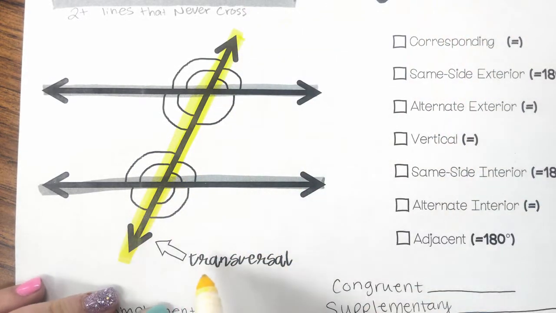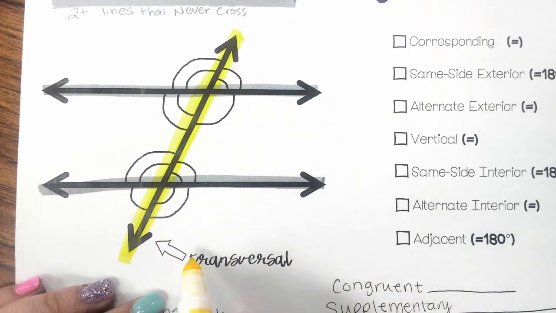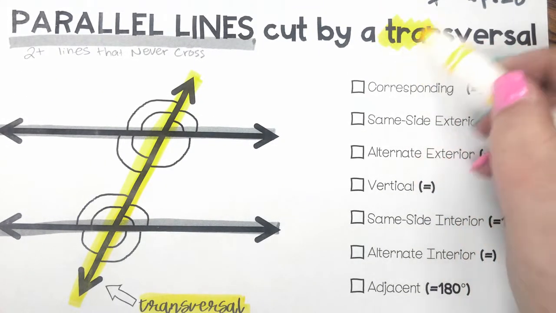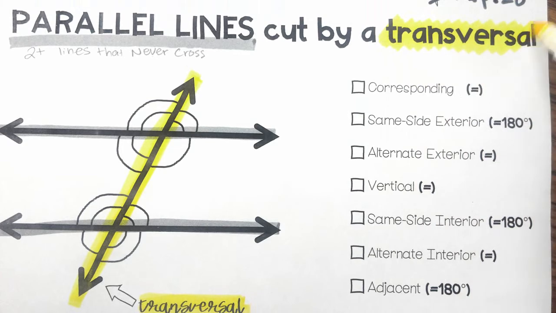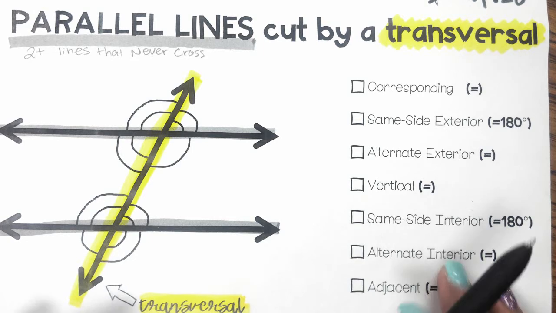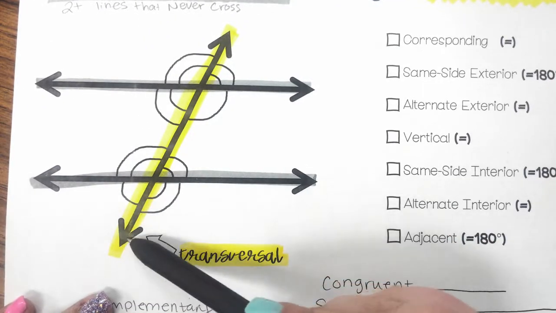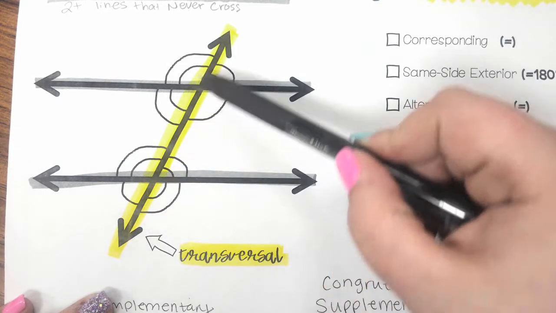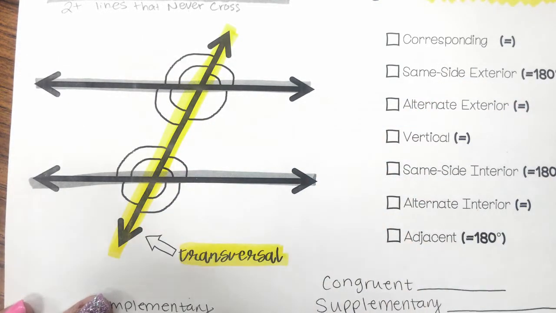It is an important thing in math, so it has its own name. We call it a transversal. So the transversal is the one that I have colored in yellow. And we know that transversal, just from looking at the picture, I asked you guys in class, and most of you are saying the yellow line crosses the gray lines, or crosses the parallel lines.